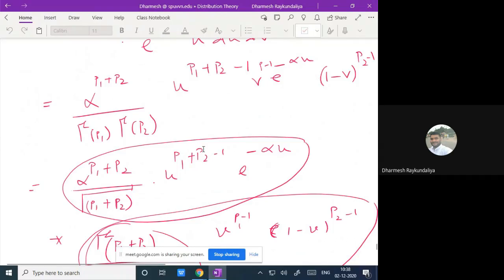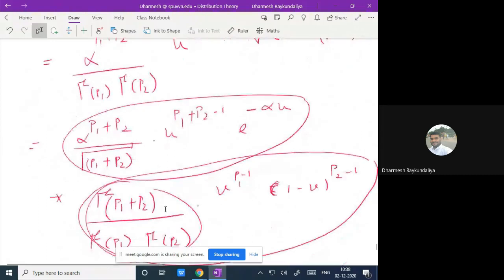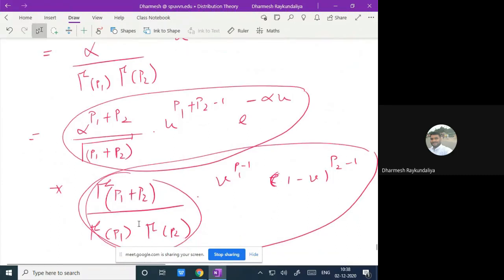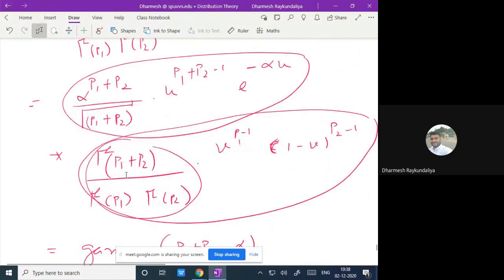The u term function is something like alpha raised to p1 plus p2 upon gamma of p1 plus p2 into u raised to p1 plus p2 minus 1 e raised to minus alpha u. And here we have just divided by gamma of p1 plus p2 so that we can multiply it. So this is gamma of p1 plus p2 over gamma p1 and gamma p2, and this is v raised to p1 minus 1, 1 minus v raised to p2 minus 1.